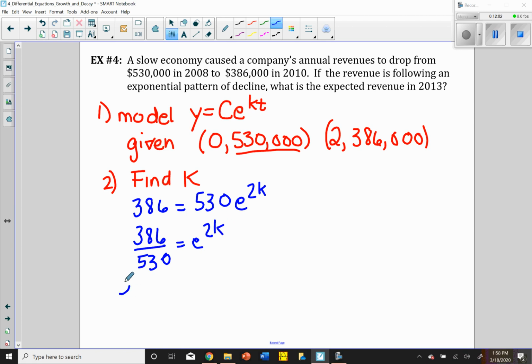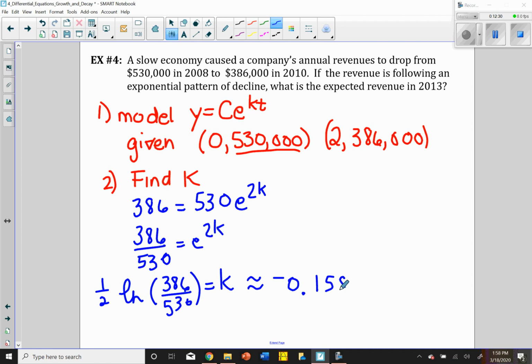By taking the natural log of both sides and dividing by 2, we're going to know our k value. Then on our calculator, that's roughly this value. And it's negative because it's a decline or a decay.